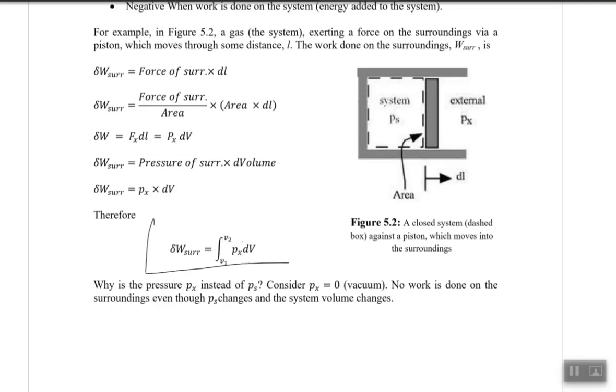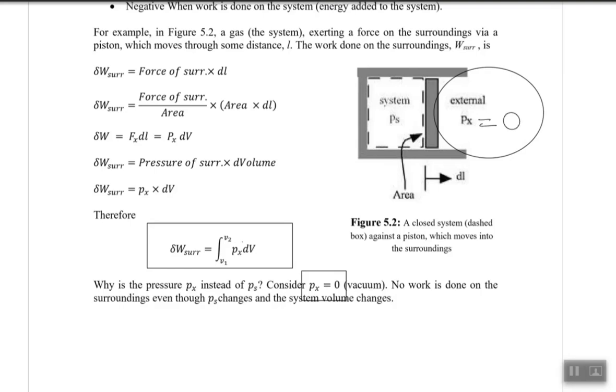Our definition came up like this: work done would be equal to Px dV. Let's say, for example, in one condition, Px is equal to 0, which means that outside the piston the pressure is 0, or it is a vacuum.